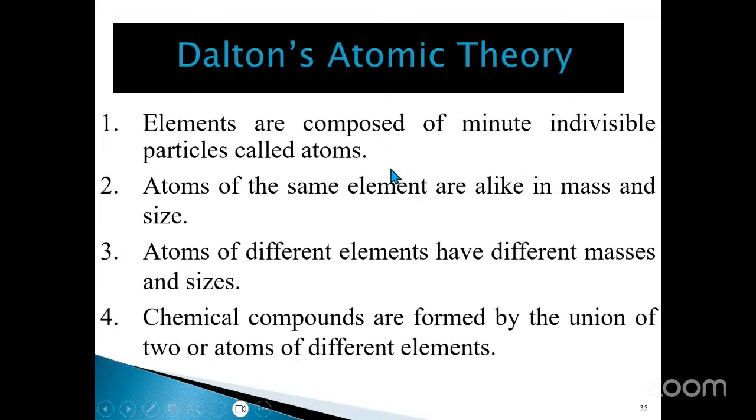The first of which is that elements are composed of minute, indivisible particles called atoms, right? Now, before I move on to the other assumptions, let me just say that we now know this not to be true, because as I said before, you can actually break down atoms into smaller fragments. In fact, the more fundamental fragments of atoms would be the protons, the electrons, and the neutrons.